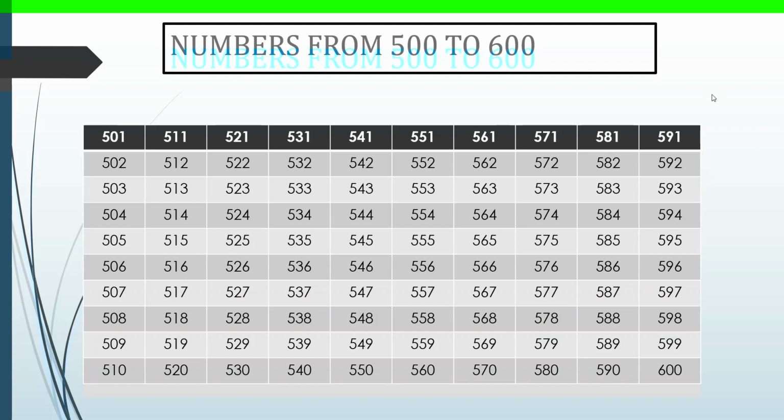Let's begin from the last numbers, 591 to 600. 591, 592, 593, 594, 595, 596, 597, 598, 599, and the last number, 600.